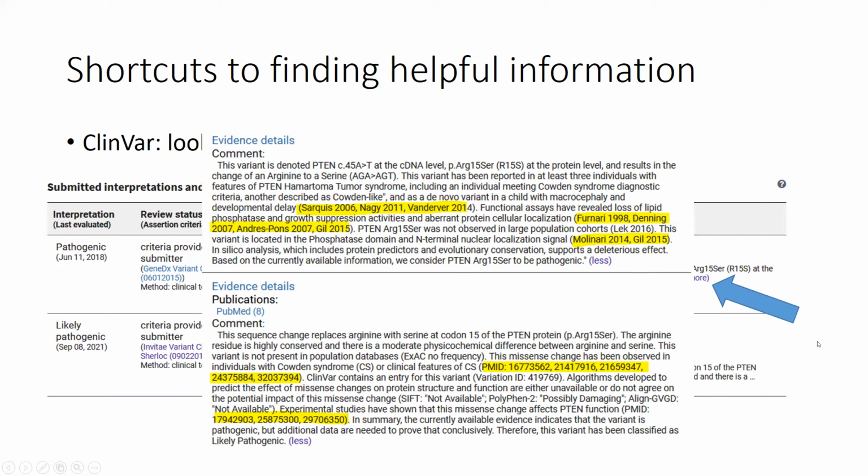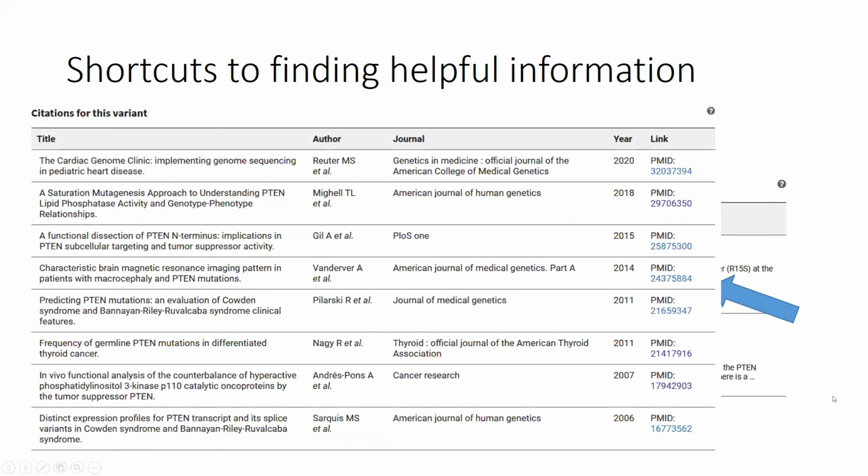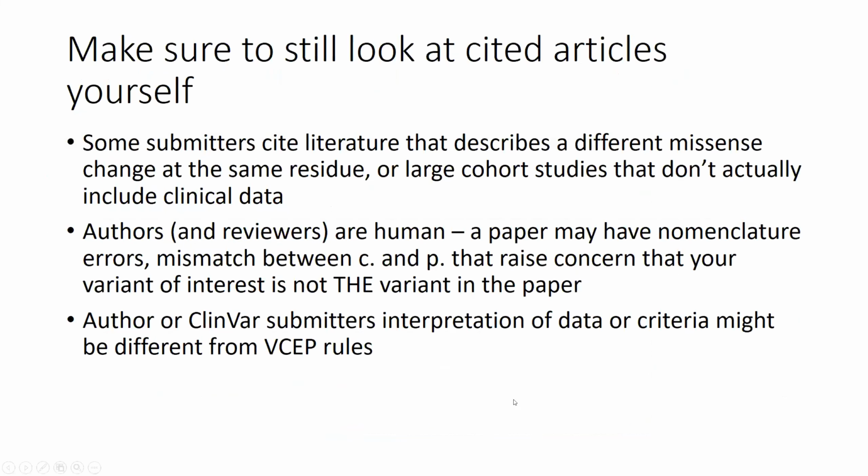So you can look it up and find the information to perhaps apply to your case as well. And all those cited articles are also at the bottom of the variant page in ClinVar with their PubMed ID links to make it easy to find the information and review for yourself.